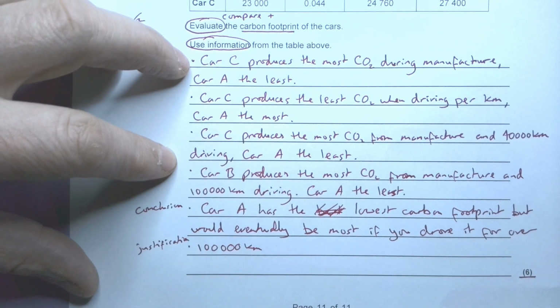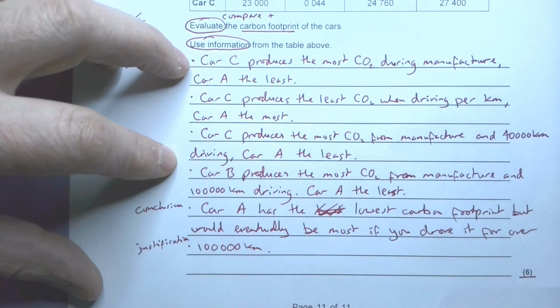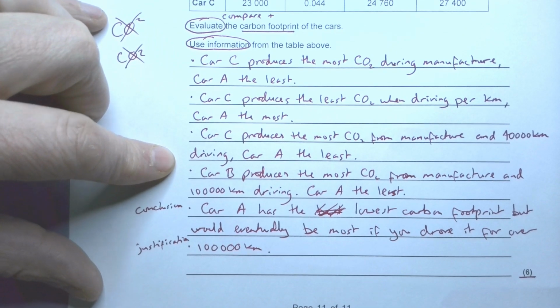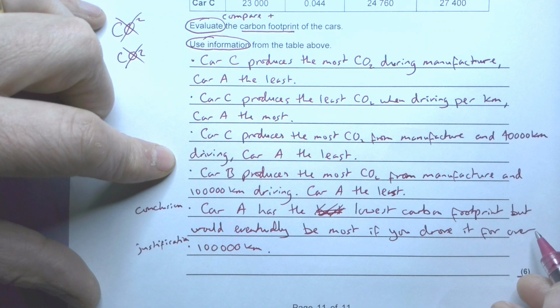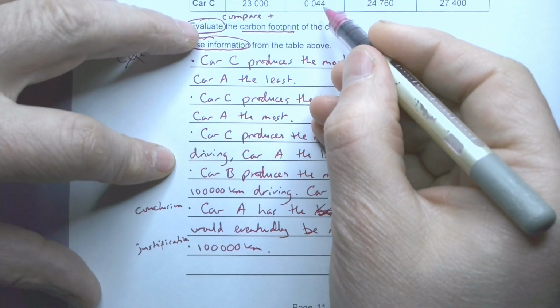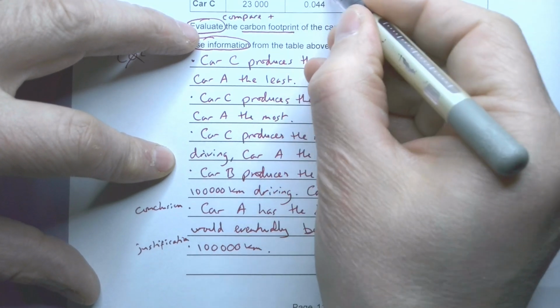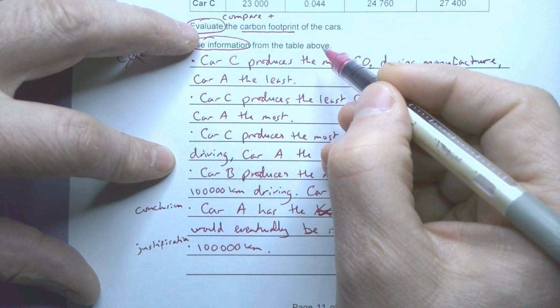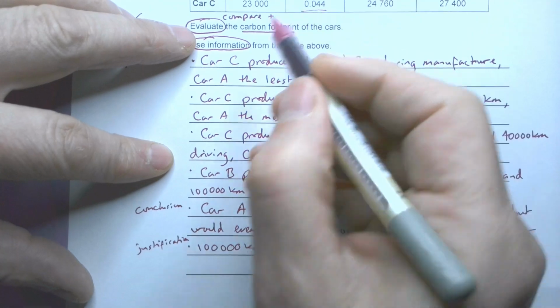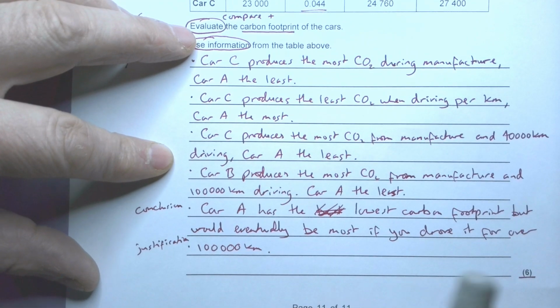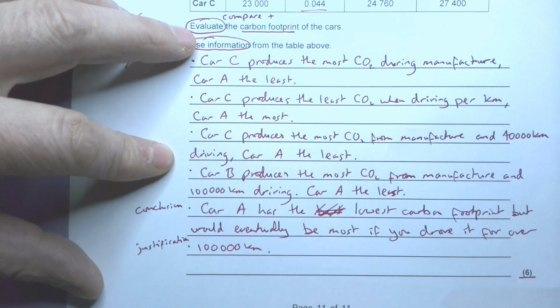Okay, so it all depends on how far you drove it for. Okay, so justification there, lowest. So because it's got the highest per kilometre, eventually it's going to be the most. So which one eventually will be best? Well, eventually car C is going to come out the best. The further you drive, car C will get better and better.